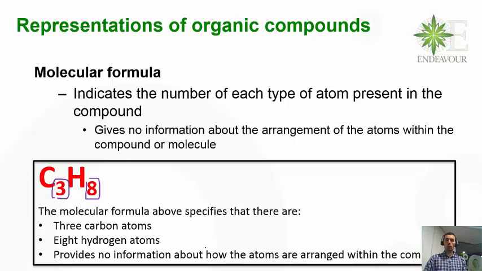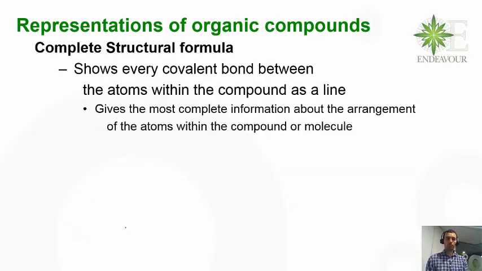If you didn't know that carbon forms 4 bonds and hydrogen forms 1, you would have no idea how the compound would look if you drew it out fully. Based on our knowledge, we could use the information that there are 3 carbon atoms and 8 hydrogen atoms and try to draw a structure that fits that. And we'll see in other representations that it gives us a little bit more information to help us with this.